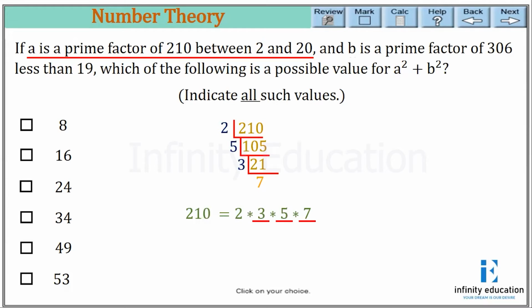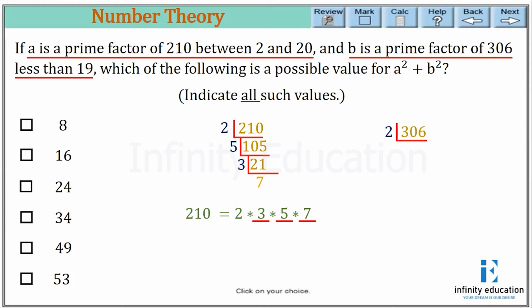But I can consider only 3, 5 and 7 because they have said A is a prime factor of 210 between 2 and 20, so I cannot consider 2. So I can only consider the value of A as 3, 5 and 7. Now let's see for B. B is a prime factor of 306 less than 19. Same, I have to find the prime factors of 306.